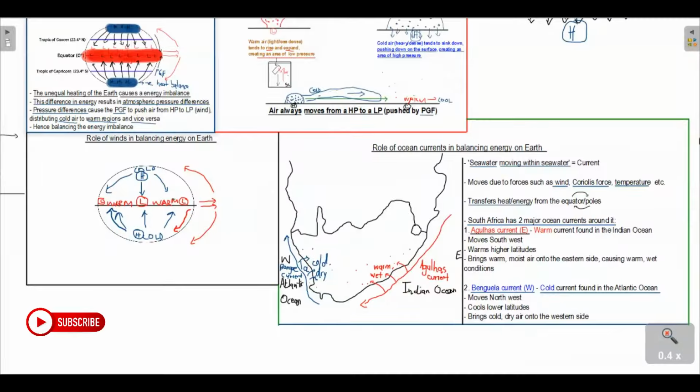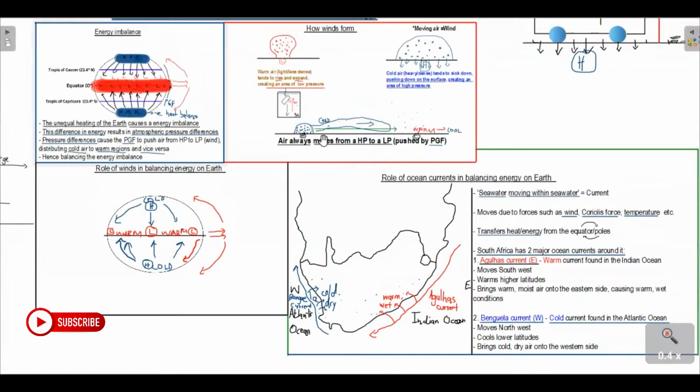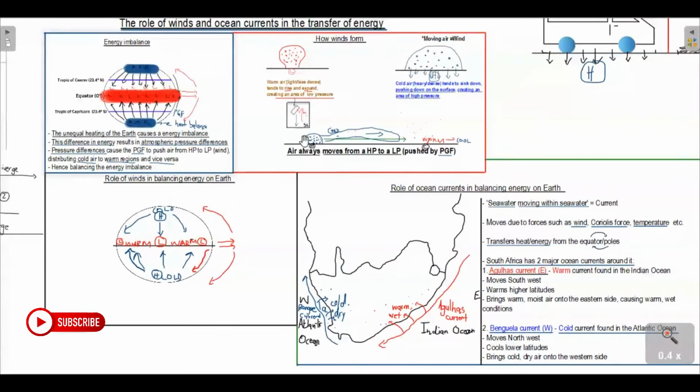That's what you have to understand in this video, guys: the role of the winds as well as the ocean currents in ensuring that energy is balanced, taking cold air to the warm regions and warm air to the colder regions.